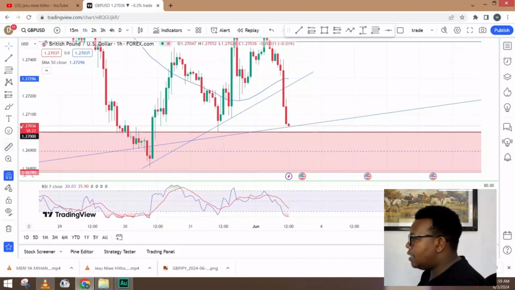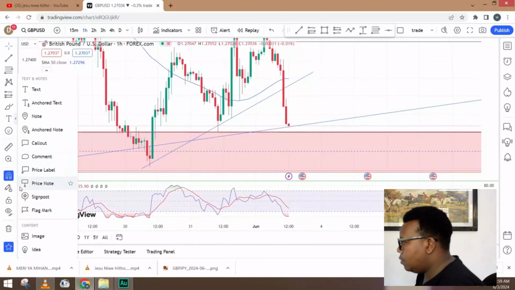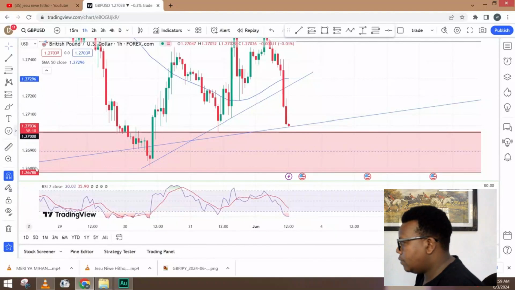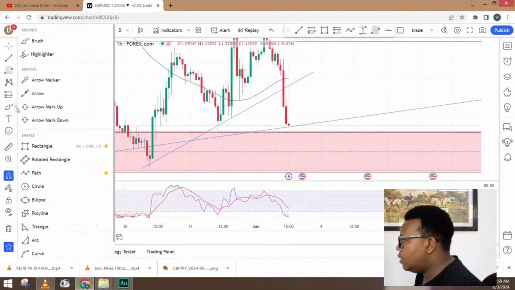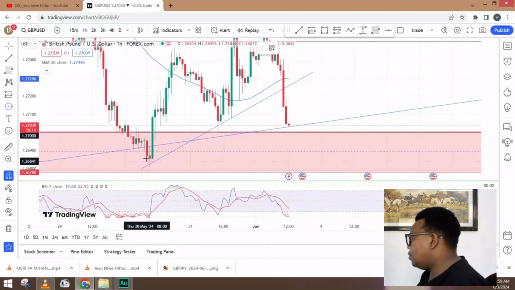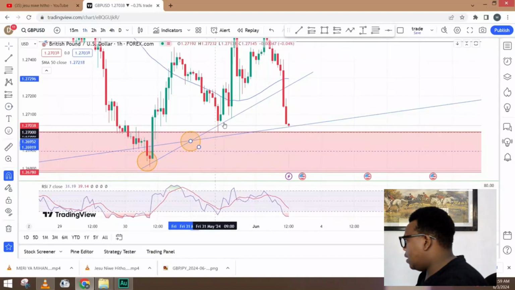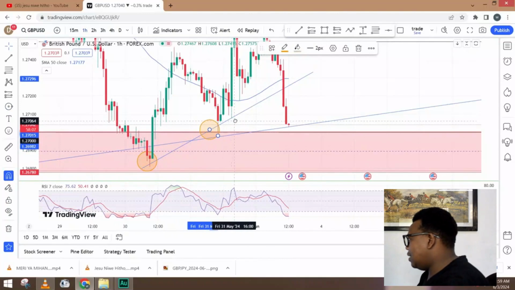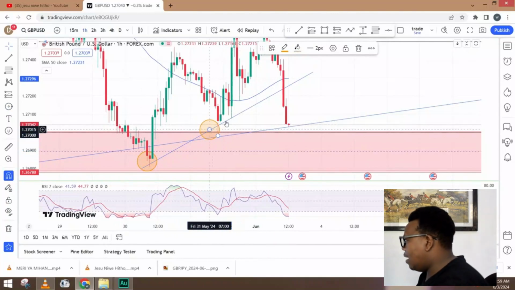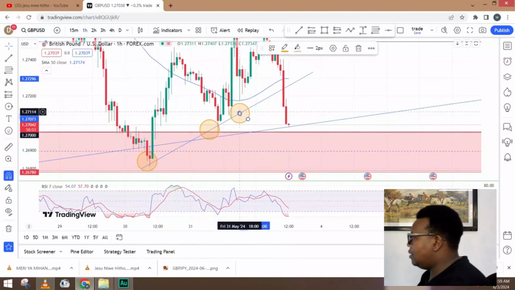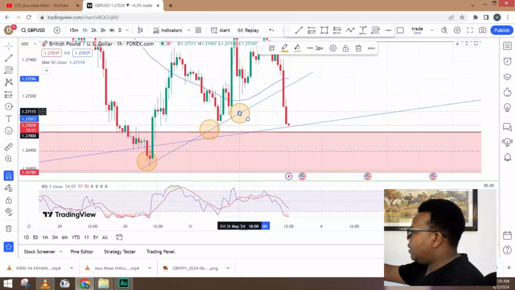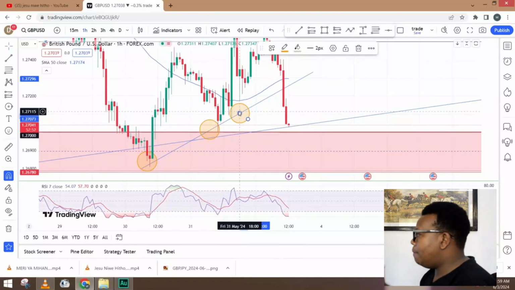If I draw it like this, so far the market has touched this area right there. You can also see the market has already touched this area, and then we have that zone. So the market normally touches the line 3 times, and then the 4th time we anticipate the market to break.